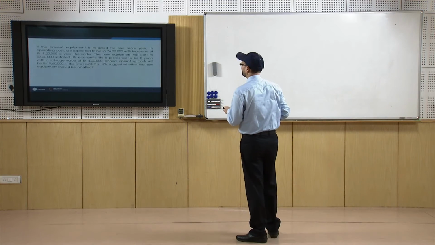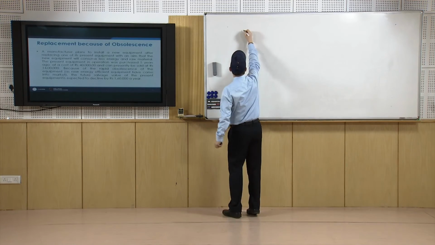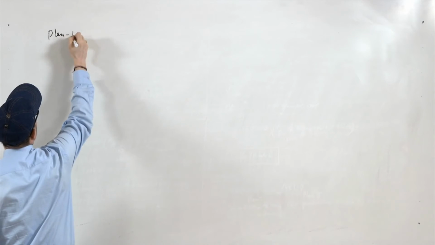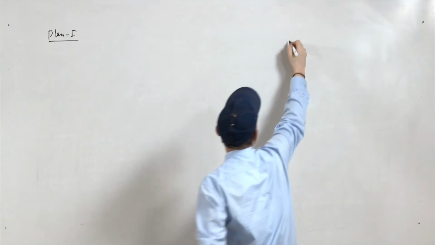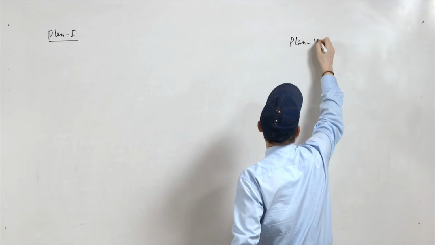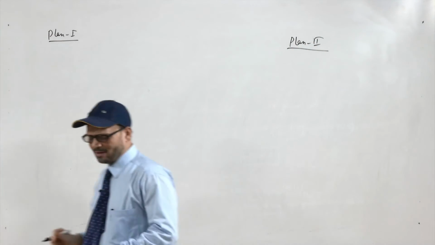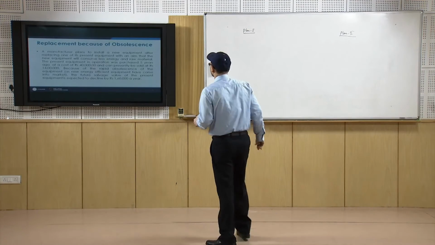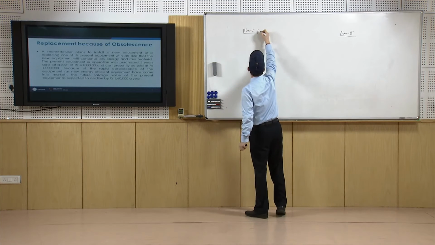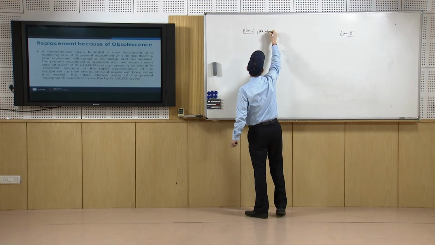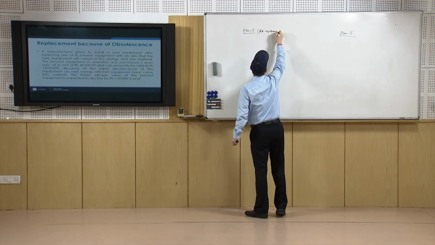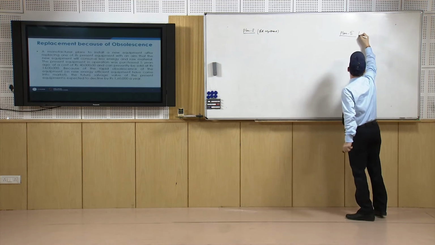What we have is plan 1 and plan 2. In plan 1 we have the old machine and here you have new equipment. So, old equipment and new equipment.